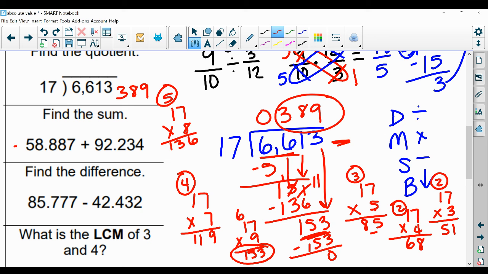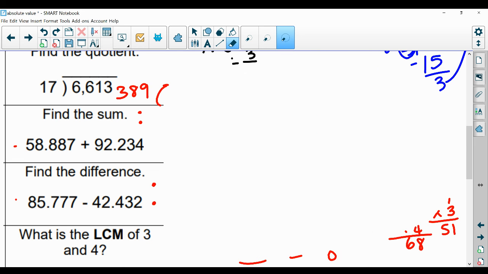Now for find the sum and find the difference, I'm not going to work those out for you because you know how to add and you know how to subtract. The biggest thing is you have to remember you have to line up your decimals first. And then you fill in your numbers. So what that looks like, really fast, the bell just rang, so I'm trying to hurry here, is I would have to line my decimals up first.